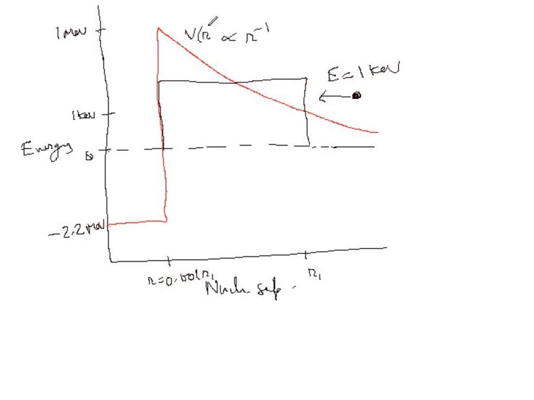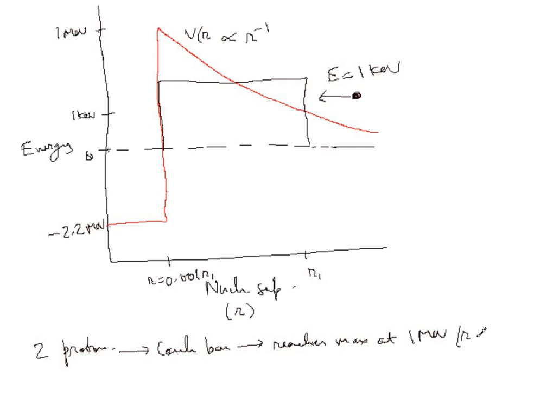So what I am doing here right now, in this plot, is showing you the potential energy V(R) between two nuclei as a function of the nuclear separation R. Now I have considered two protons here, and as you can calculate for yourself, for these two protons the Coulomb barrier reaches a maximum of around 1 MeV when R is equal to R0.